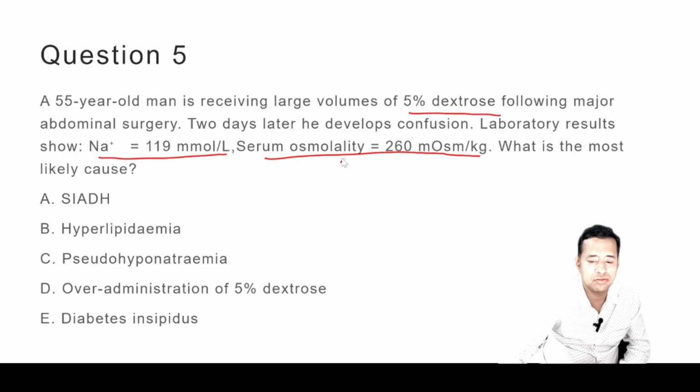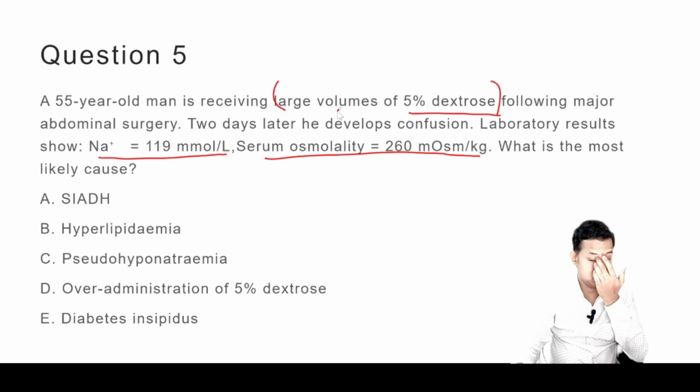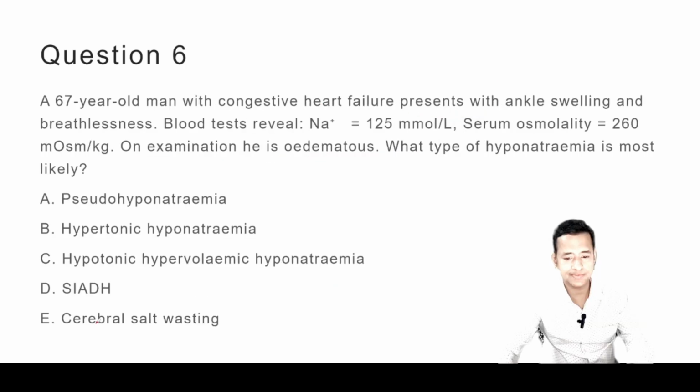There is a surgical clue here: a large volume of 5% dextrose. I have discussed previously that this is over-administration of 5% dextrose, which causes sodium to be 119 millimole.